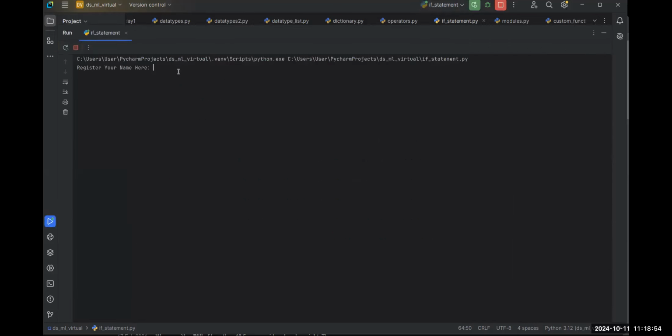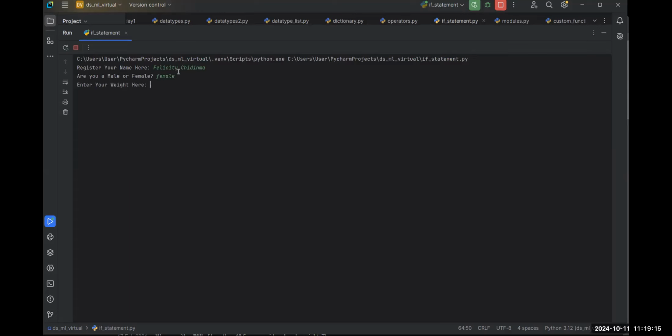Let's keep using the same variable names that we're using. Okay, so now we are saying female.